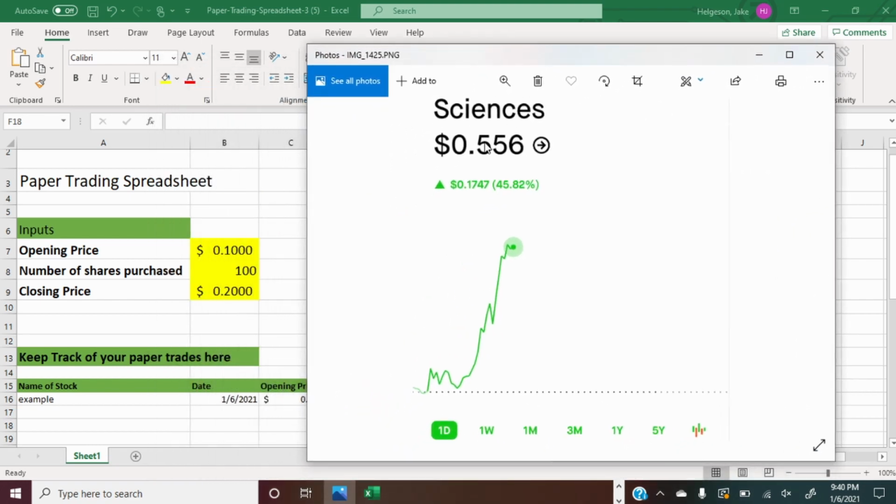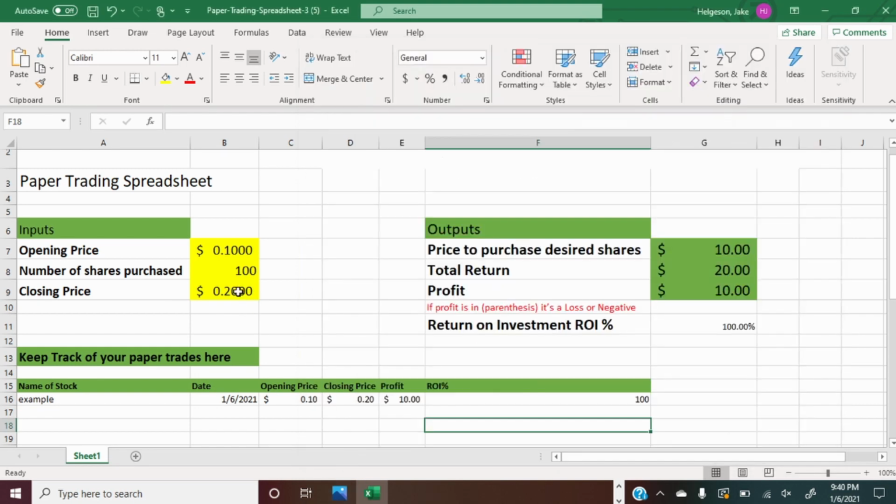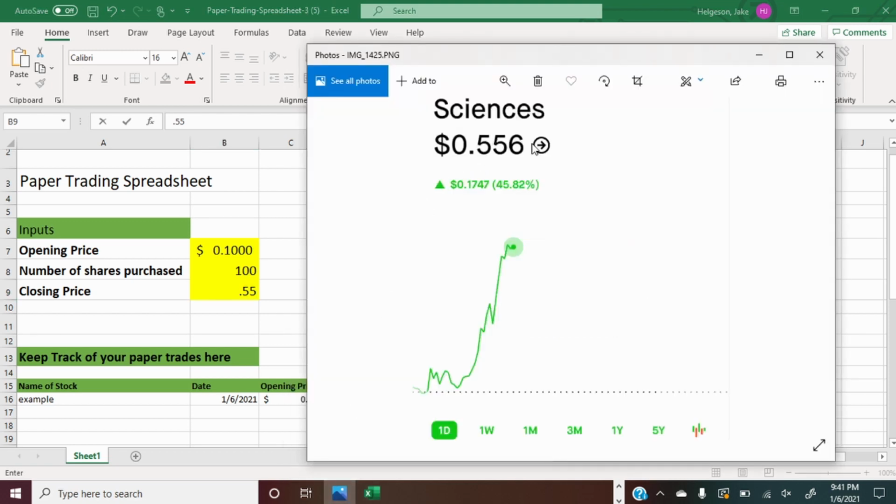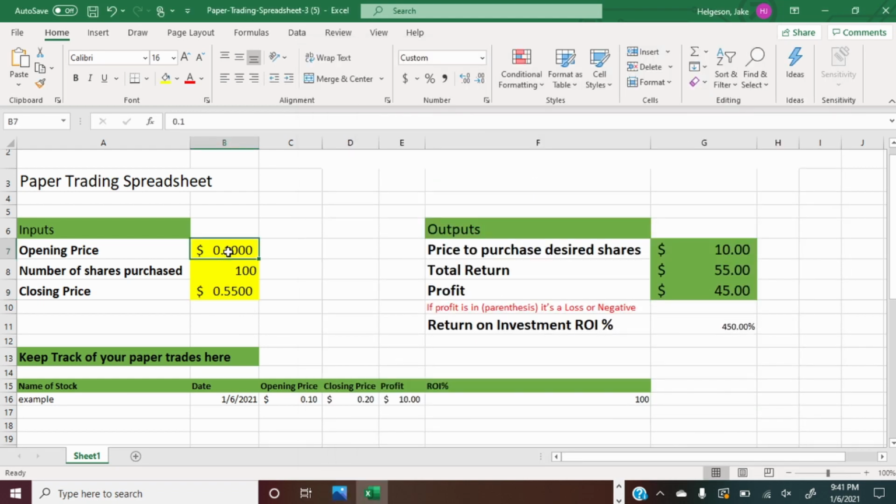So we have the closing price was 55 cents. So we're just going to kind of keep it simple and say 55, not 55 and a half essentially. Okay, we're going to say it rose 17 cents. This is when I sold. Okay, so that would make this the opening price. If it was minus 17 cents, it would be 38 cents.